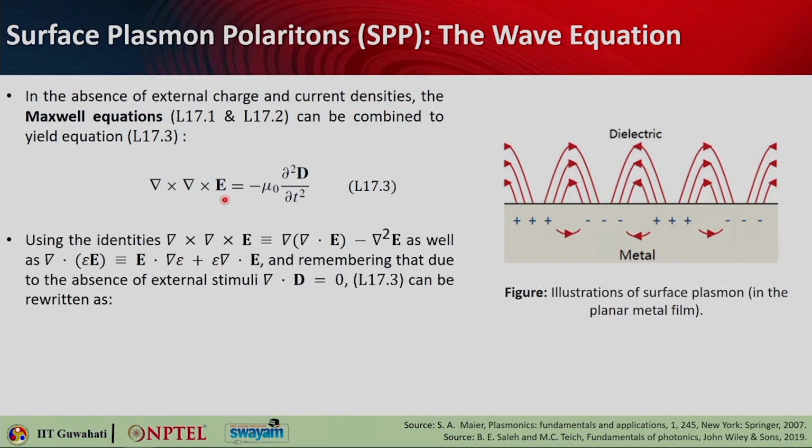Now the curl curl of E can be written as gradient of divergence of E minus Laplacian of E. And this particular term we can expand further, but first let us see what happens to divergence of D. D is nothing but epsilon E, so you can write this as E dot gradient of epsilon plus epsilon divergence of E. And if you remember, if there is no external stimulus, something like free charges, then del dot D is also 0.